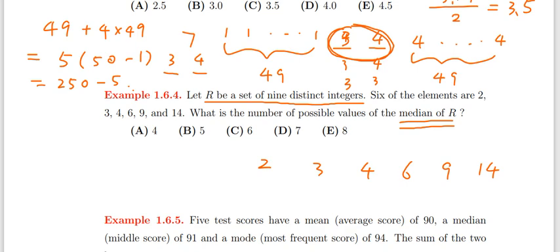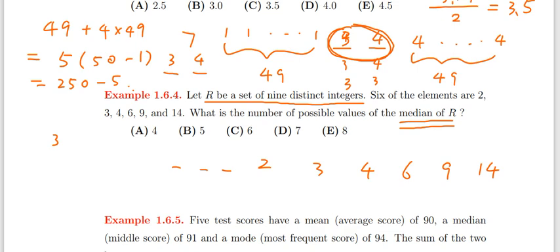If we put 3 numbers here and 3 numbers here, then what is the median? In this case, the median can be 3, right?